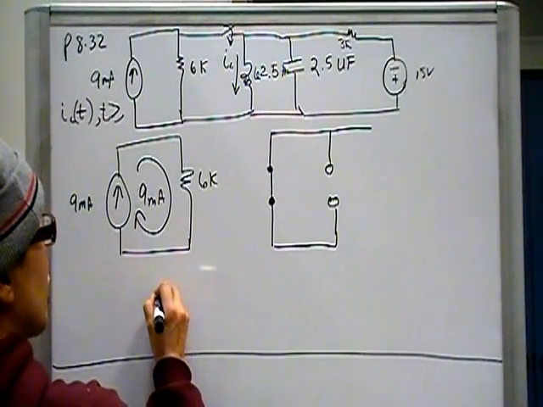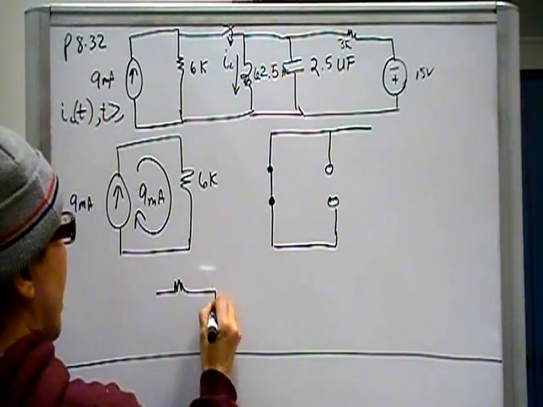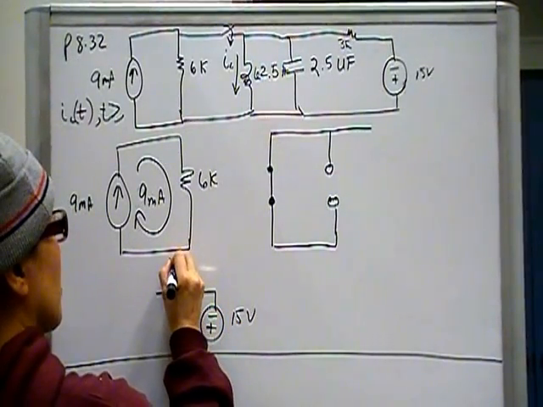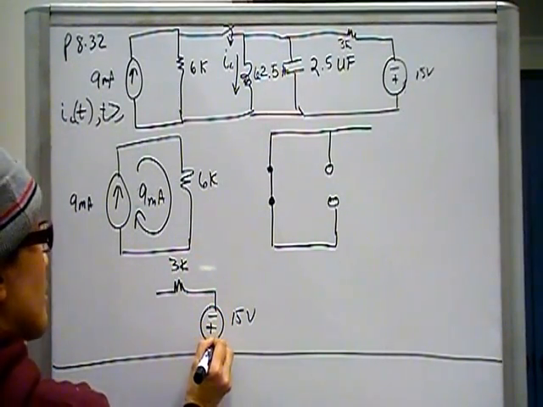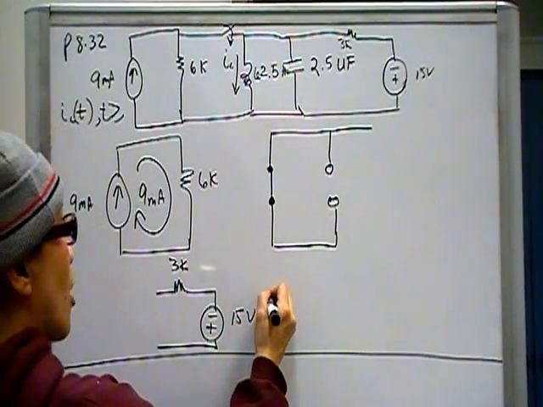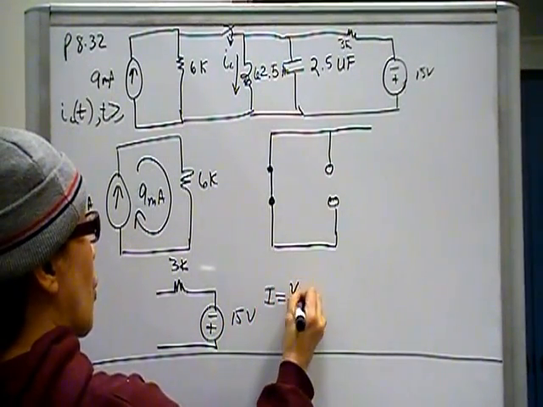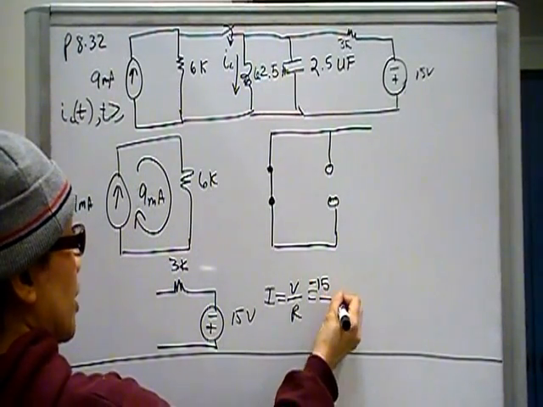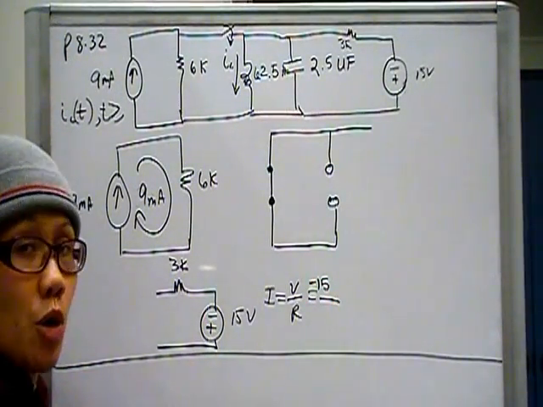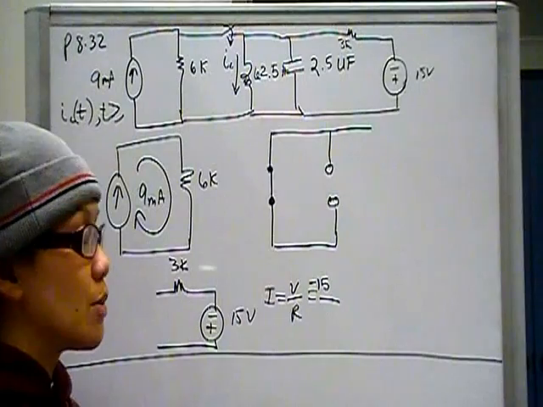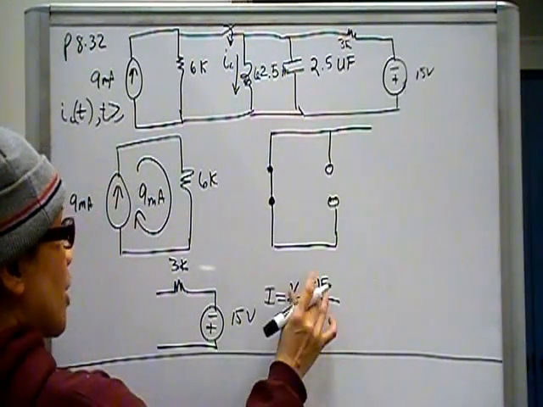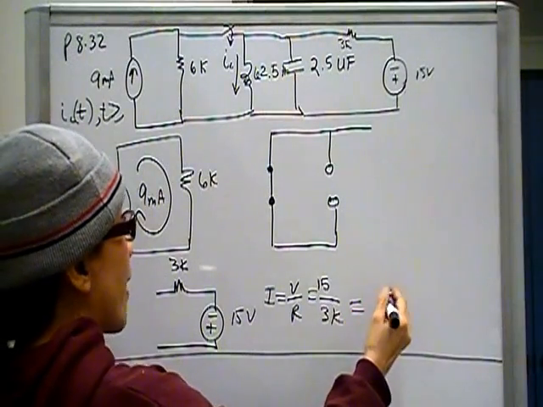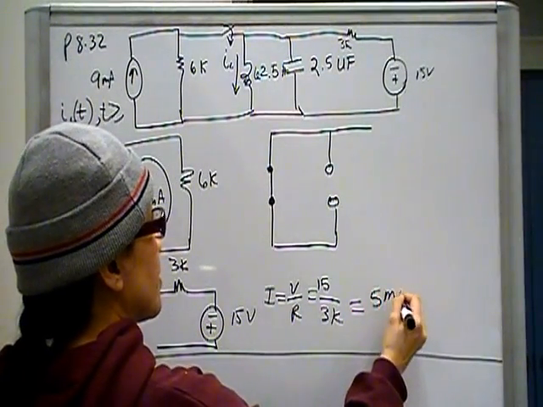And source transformation says that this 3K in series with this 15 volt source: V is equal to IR, so I is equal to V over R, which is 15, or minus 15 really, but it doesn't matter because we will build the sign into our diagram. So it can just be 15 over 3K, which should be 5 milliamps.